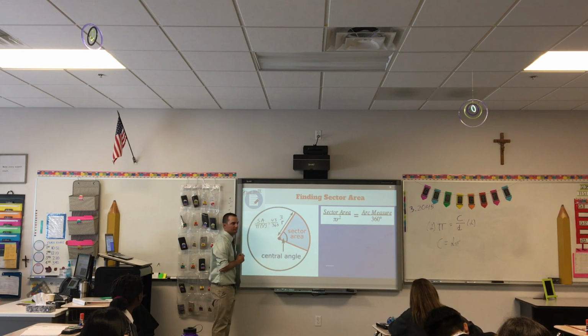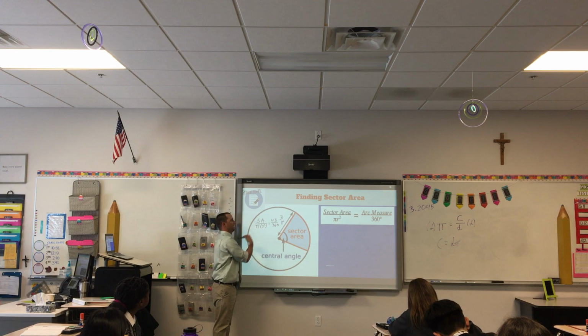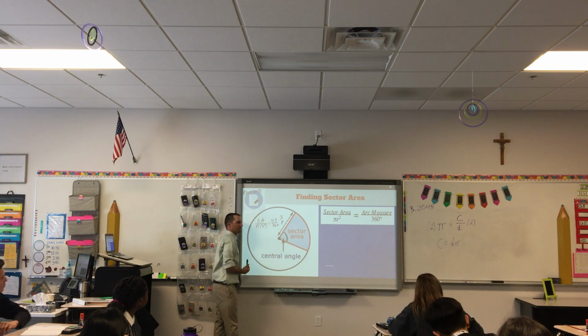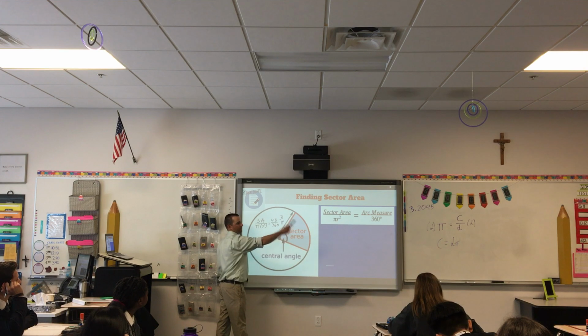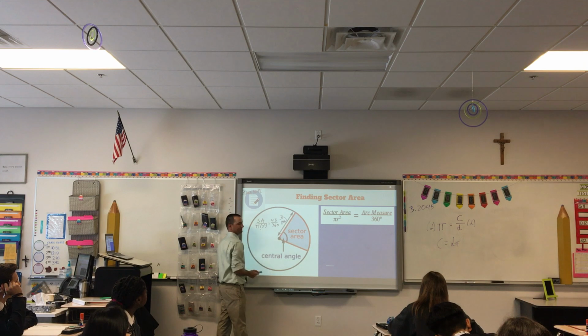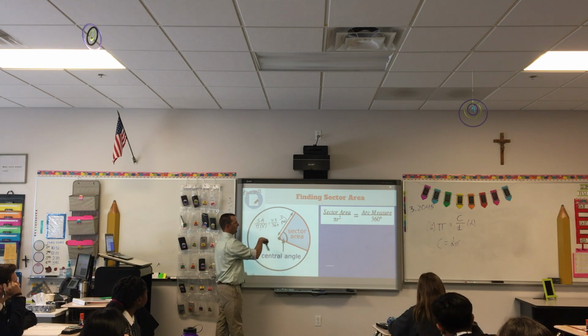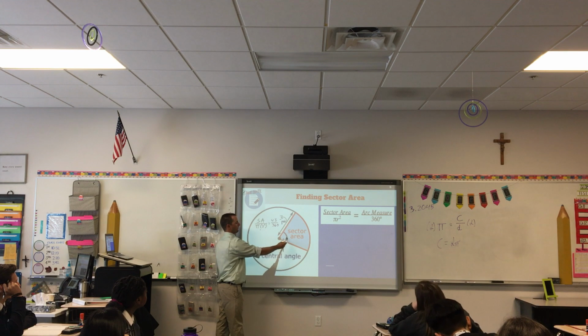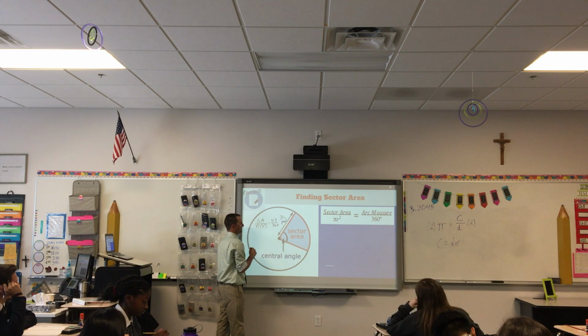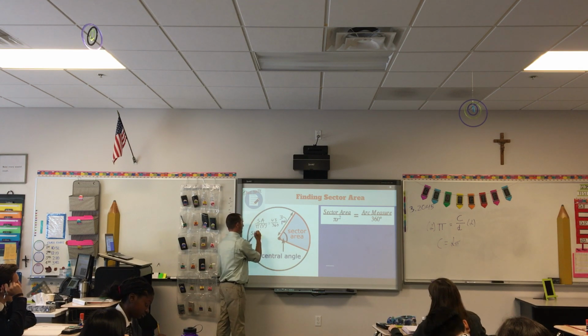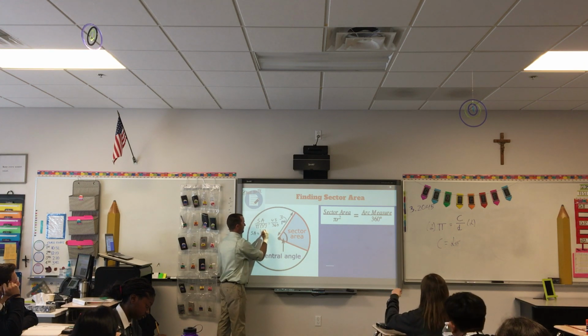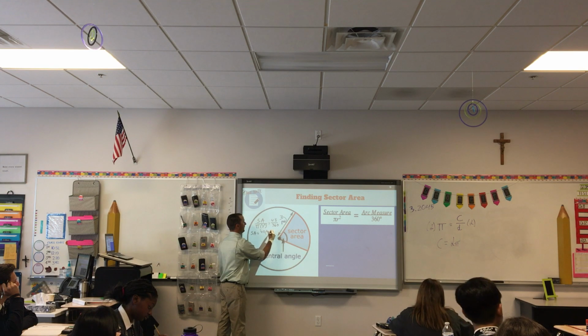All I did was set my sector area, the area of this blue part, divided by the area of the whole thing, because that's my radius, equal to the arc measure here divided by the total arc measure. Now if I multiply to solve for sector area, I would get 45 times 9 pi divided by 360.